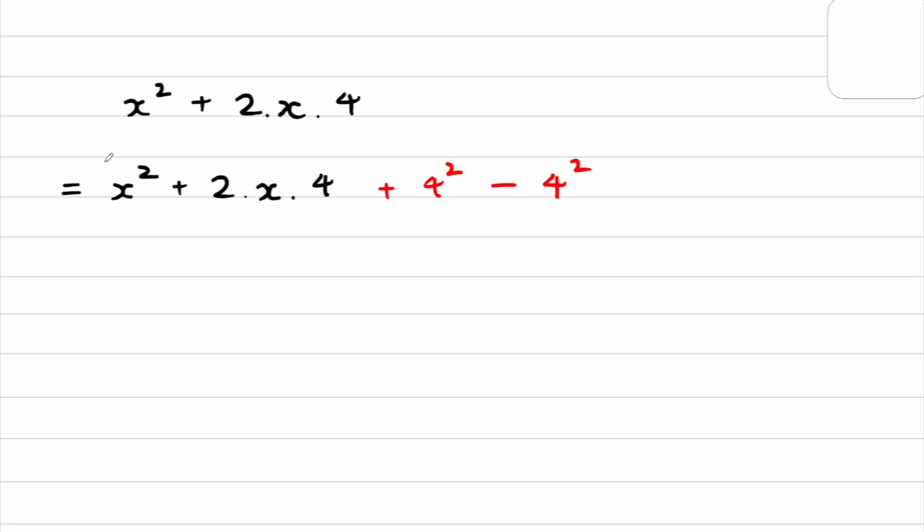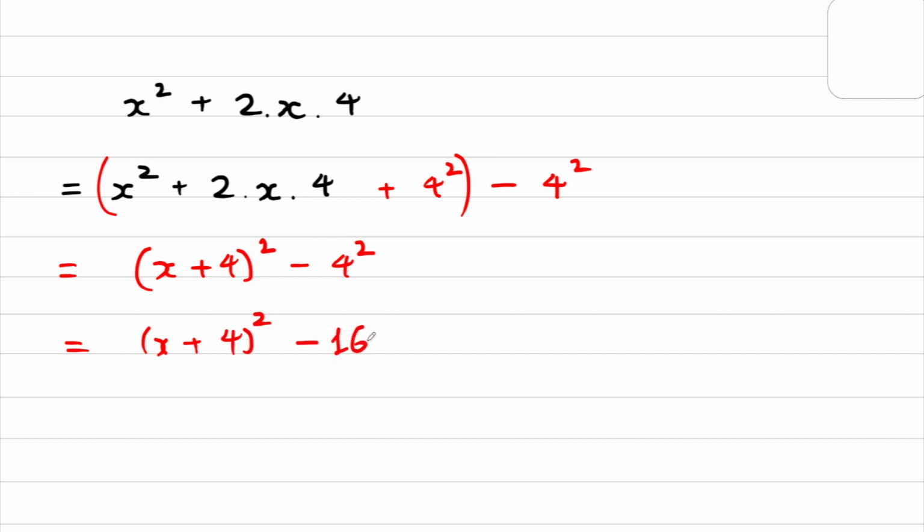After this, I have a 3-term expression at the beginning, and then I can simplify it using completing the square. It has the perfect square form of x plus 4 squared, and outside the bracket you get minus 4 squared. Simplify this, you get x plus 4 squared minus 16 here. Okay, so you finish the completing the square technique for this question.